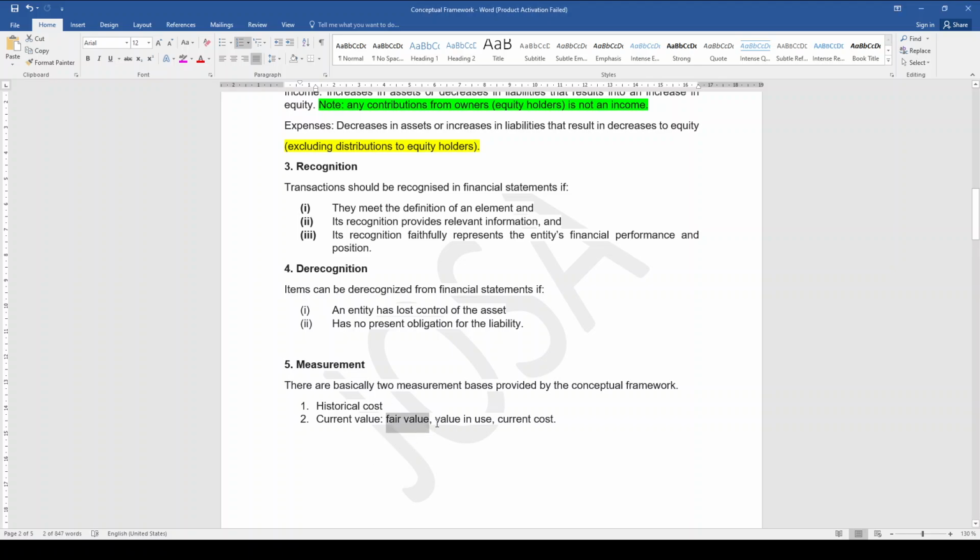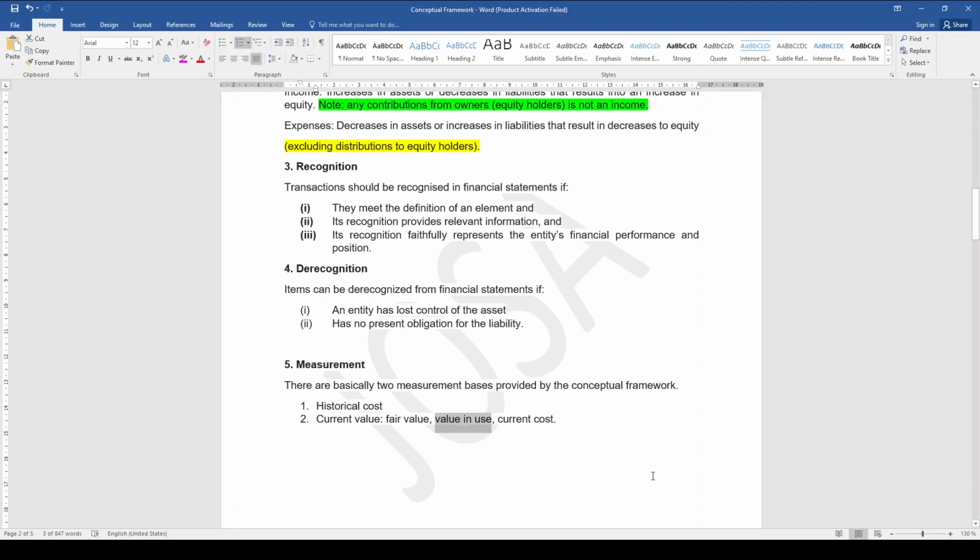Then value in use, this involves estimating the potential future cash inflows or net cash flows from an asset, and then we discount them to present value. Those who are sitting in March, I'm pretty sure that this information is not new, and for those who sat FR, value in use is something that is very common and we always apply it in other standards.